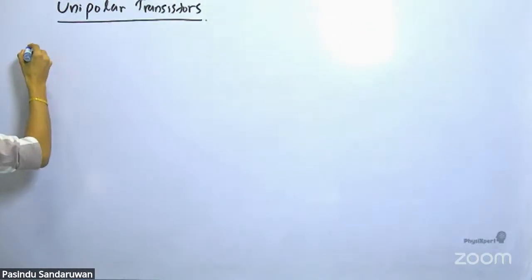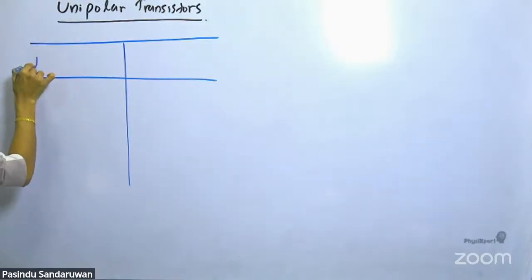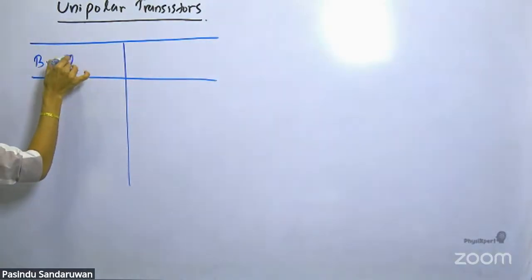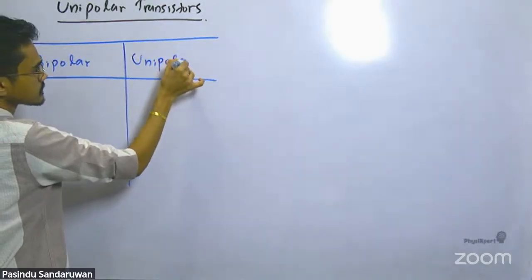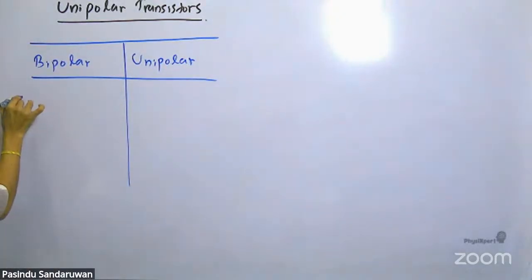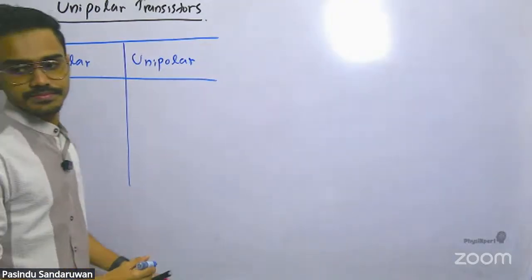We'll do this in a table. Have a table like this, and take this side for bipolar and this side for unipolar. We'll be writing these facts one by one.